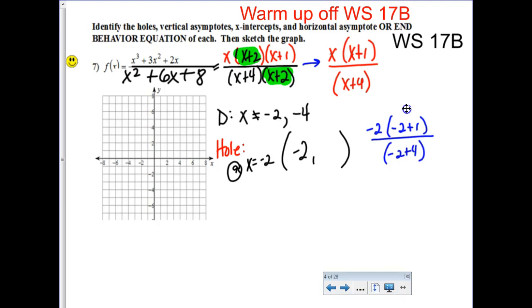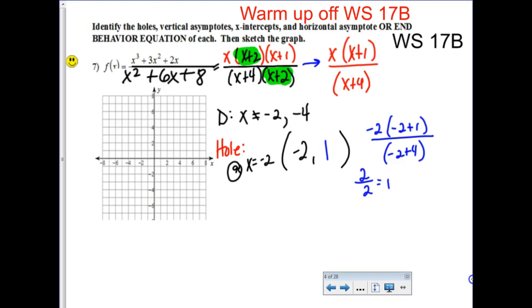Oh boy. All right, so it's -2 times -1, so that would be +2 over +2, which is a 1. Some of you plugged it back into the original rational, and because it was a discontinuity, you got 0 over 0, and then you said, oh, 0. Well, gotta be careful about that.